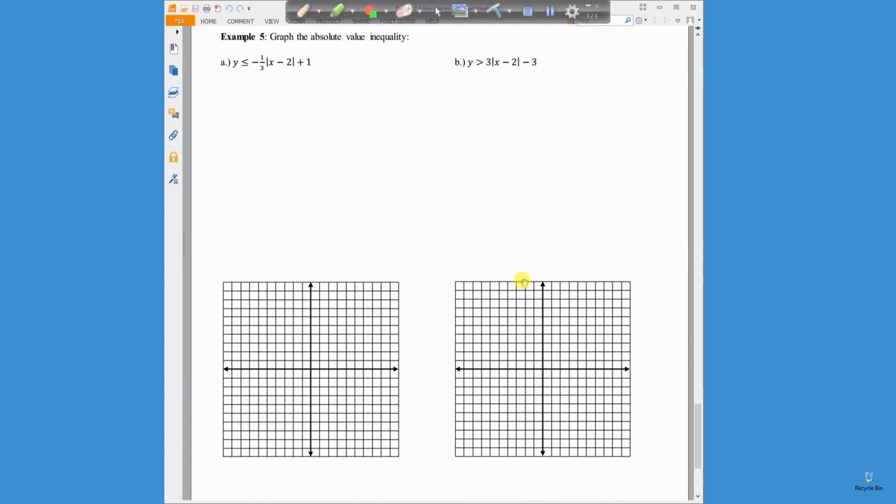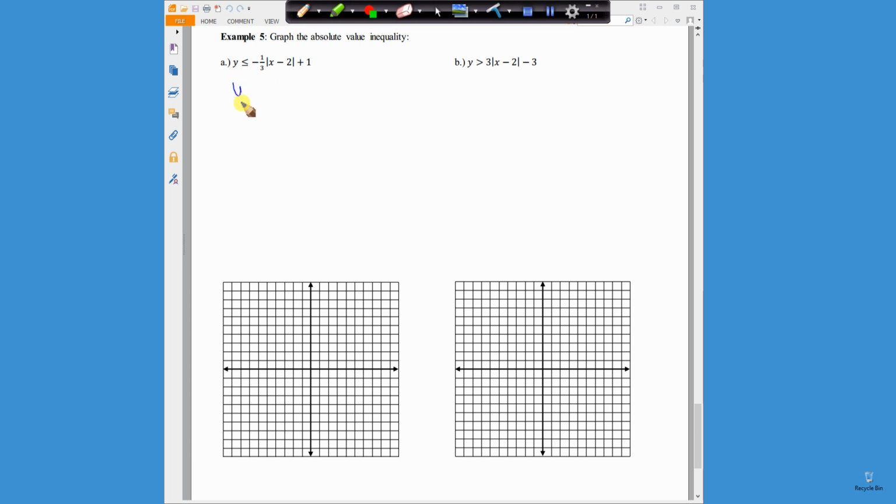And then we were working with absolute value functions in section 2.7. We did transformations of absolute value functions. So you're a champion at understanding absolute value functions. So here it's just graphing absolute value inequalities, not equations, inequalities. So again, very, very similar idea.